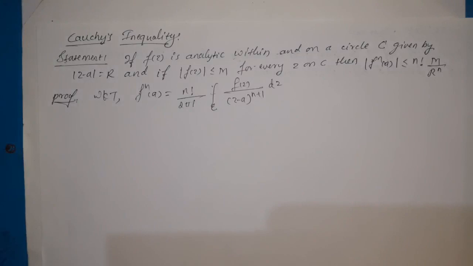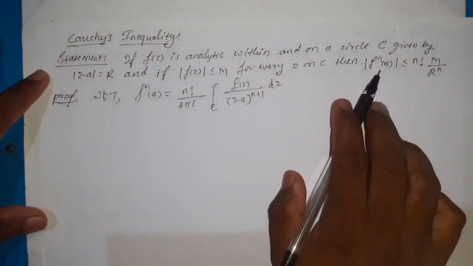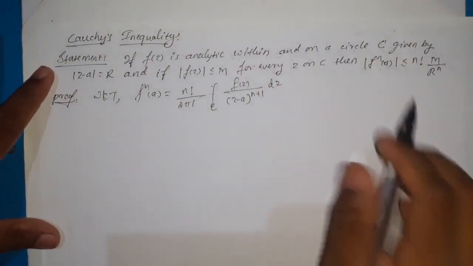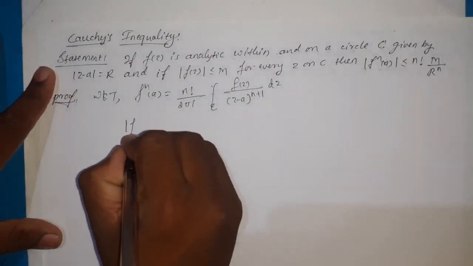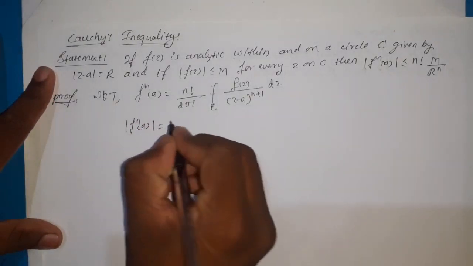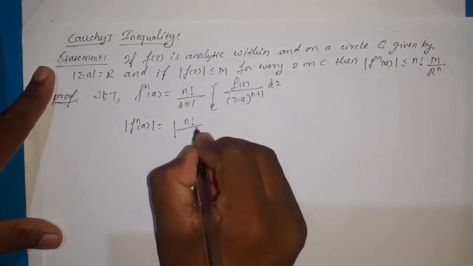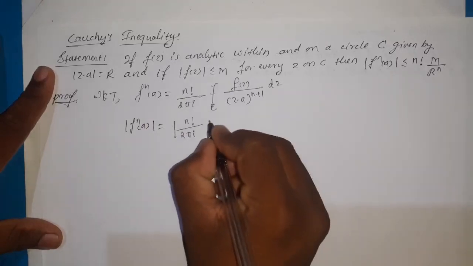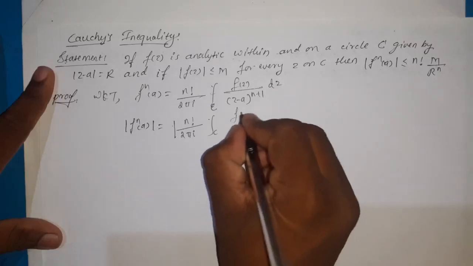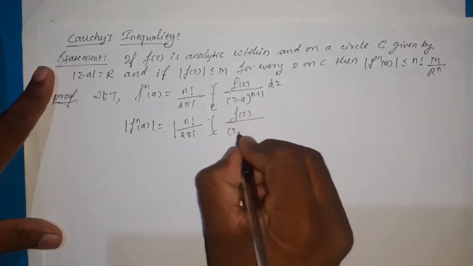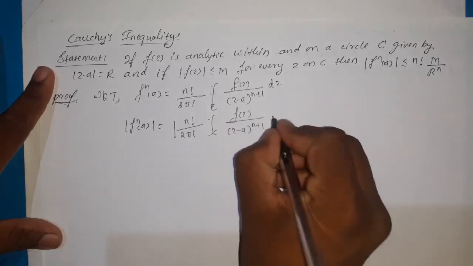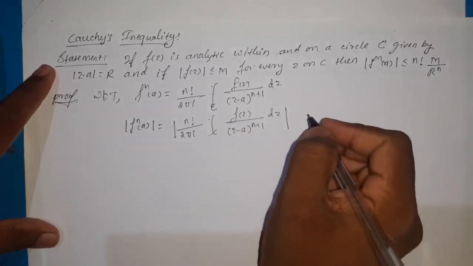Now let us apply the modulus on both sides, because we need the modulus of f^(n)(a). Therefore |f^(n)(a)| is equal to the modulus of n! divided by 2 pi i integral over C f(z) divided by (z - a)^(n+1) dz.